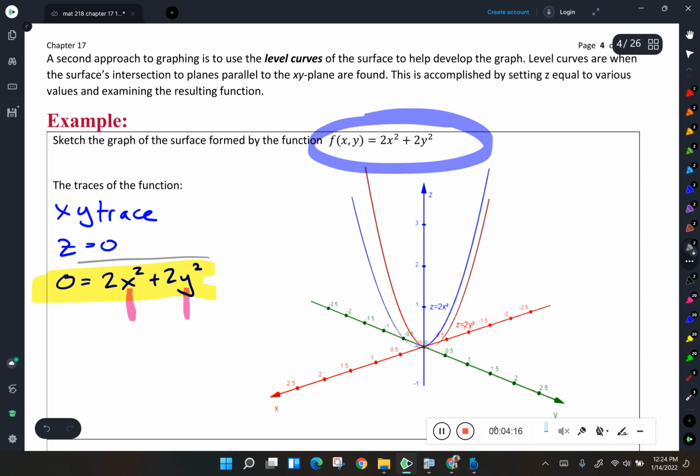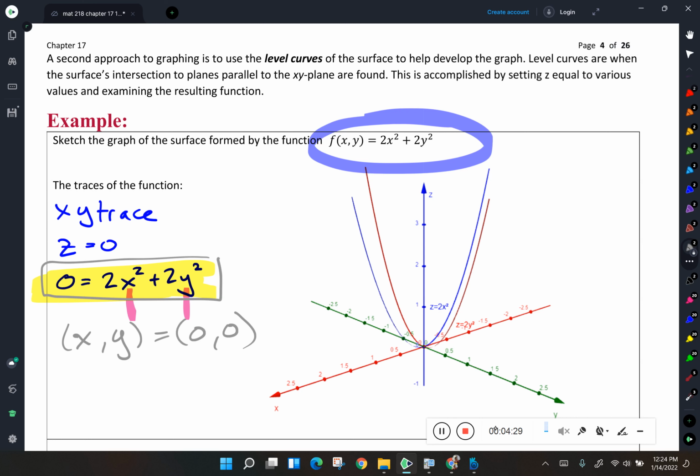So this equation can only ever be true at the ordered pair (0, 0). Because for any other value of x other than 0, this will be a positive number. For any value of y other than 0, this is going to be a positive number.